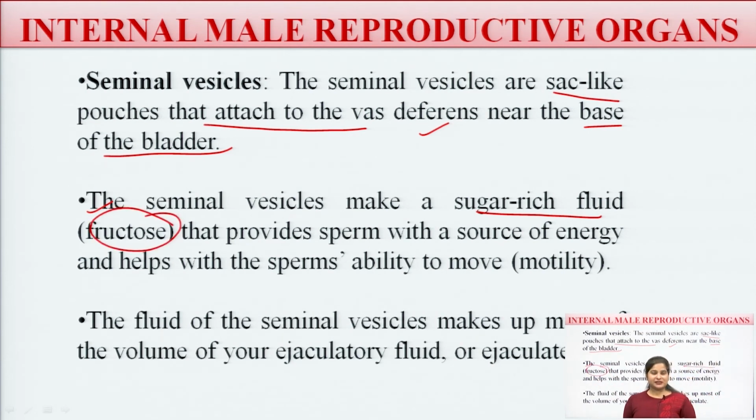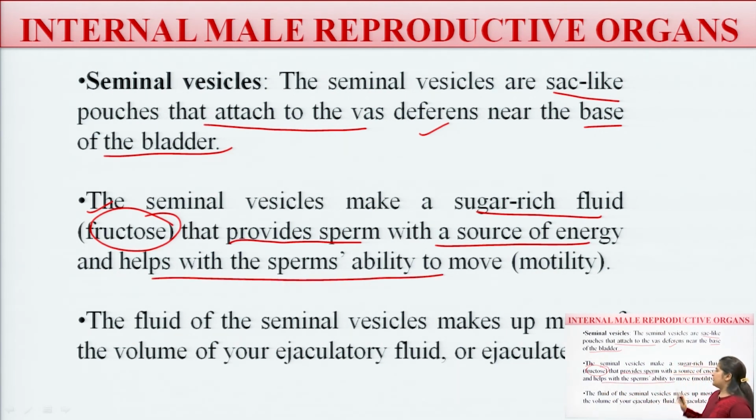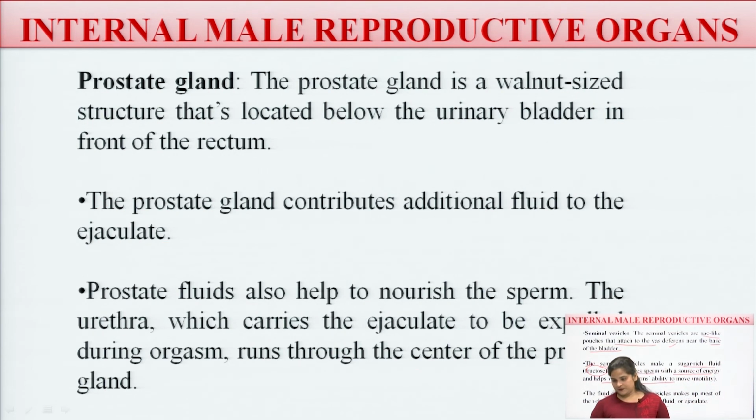So in the sperm there is fructose. Why is fructose present? To provide the sperm with a source of energy, and it helps the sperm's ability to move. The fructose provides the energy to the sperm for movement, right? The fluid of the seminal vesicles makes up most of the volume of the ejaculatory fluid.